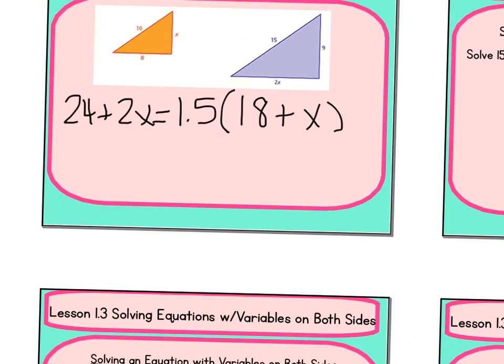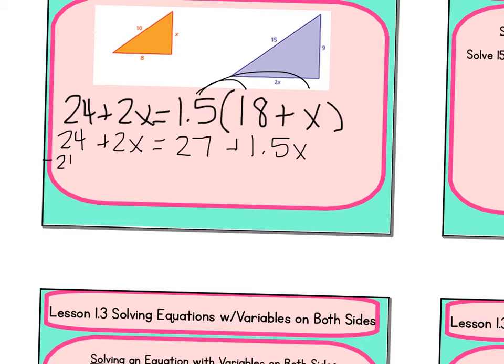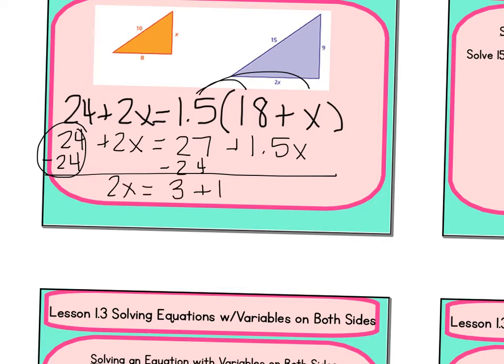So when I go through and solve this, I have to distribute over here. So I still have my 24 plus 2x equaling 1.5 times 18 is 27, plus 1.5 times x is 1.5x. I want to get all of my x's together and all of my numbers together. I'm going to start by taking away 24 from both sides, which leaves me with 2x equaling 3 plus 1.5x.